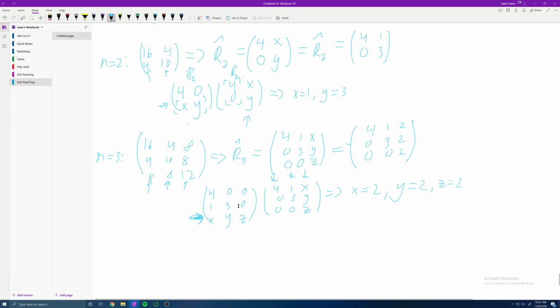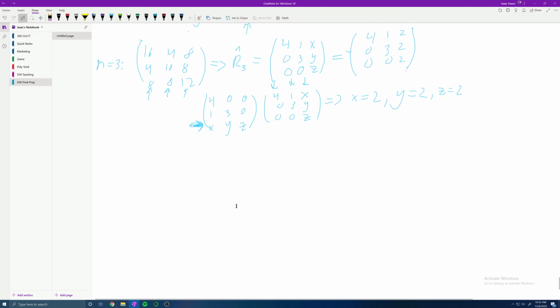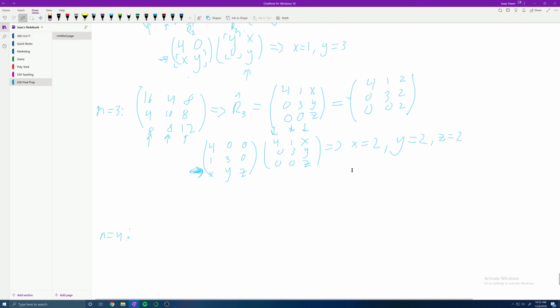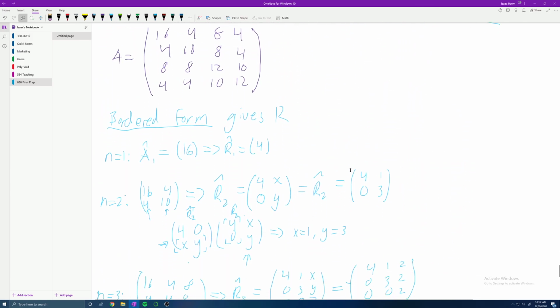Last step. This is the 4 by 4 version here. This is the last thing we need to do. This is going to give us our final upper triangular matrix. All right, so let's do that here. N equals 4. So we take the first leading 4 by 4 principal submatrix of matrix A. Since matrix A is 4 by 4, we're just going to take matrix A then.